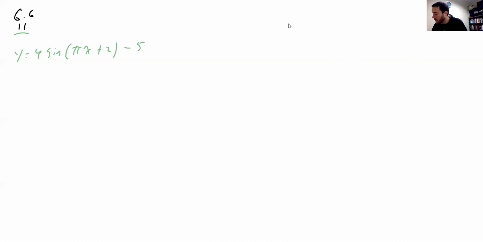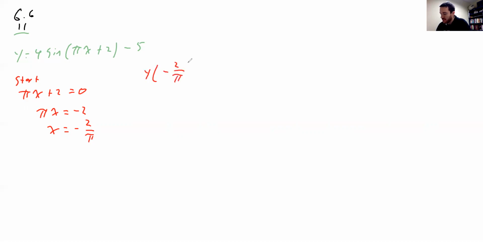So remember, what I like to do is start by setting the argument of the trig function equal to where I would normally like to start the graph. Now for sine, I like to start at 0. So if I solve that, this one's gonna be nasty. I'm gonna end up starting at -2/pi.